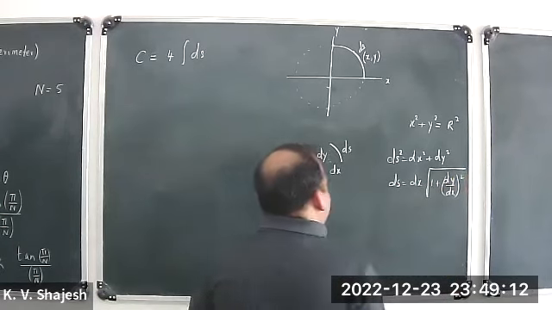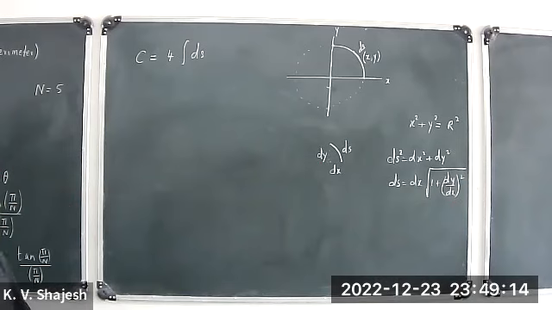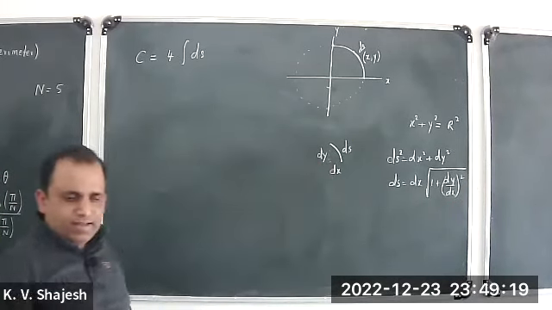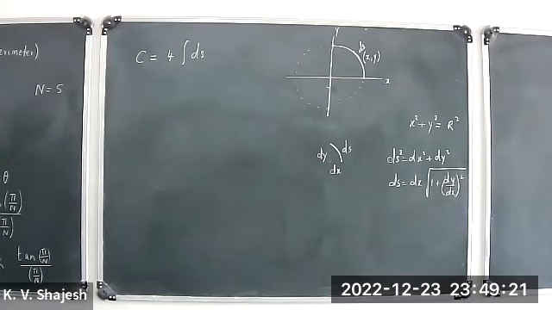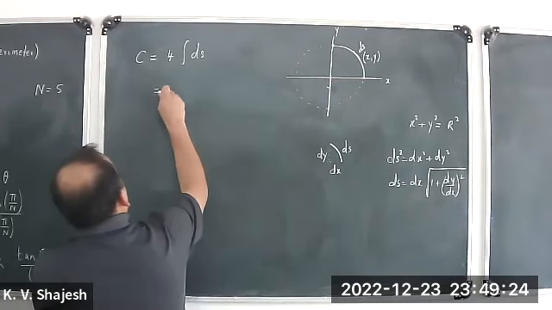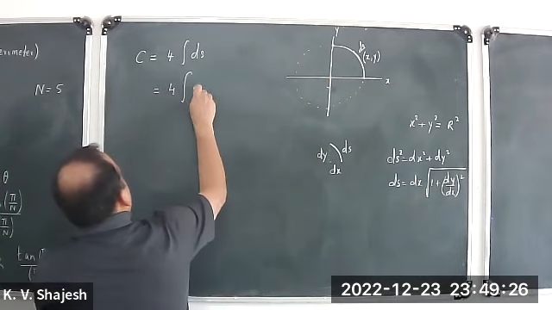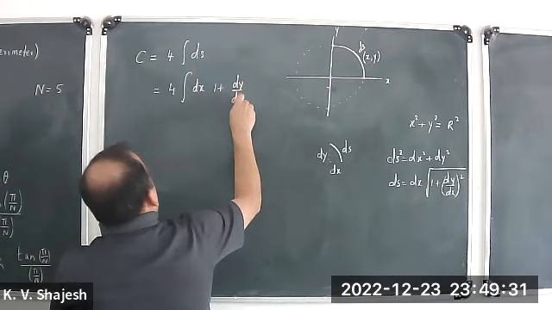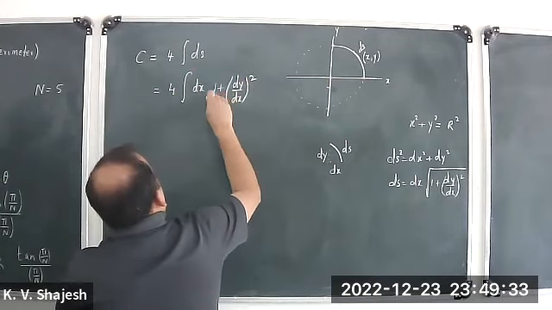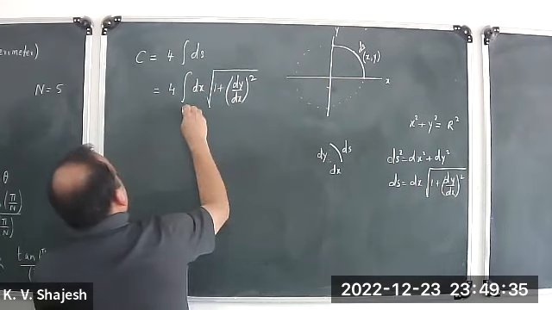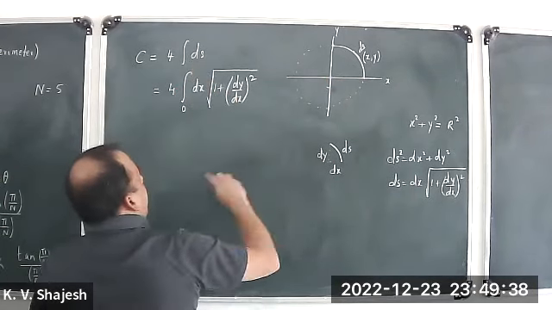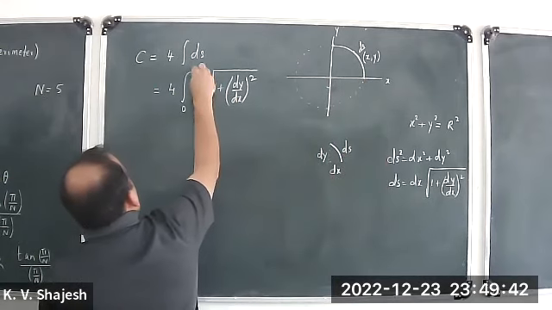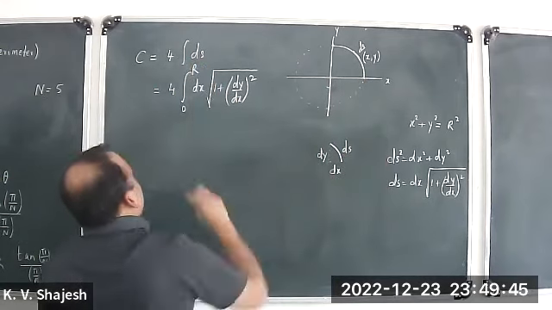And we clearly see that if we know the slope of this curve at every point x y, it actually tells us information about ds. So this is equal to 4 times the integral of dx times square root of 1 plus dy by dx, the whole square, and this is from x equal to 0 all the way to r.